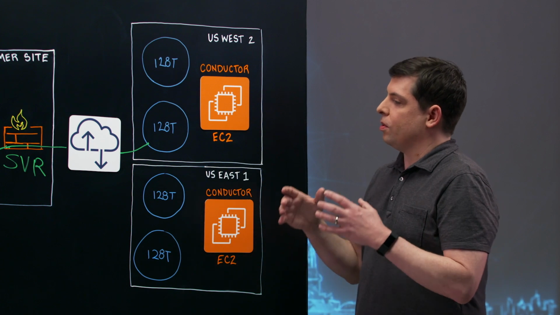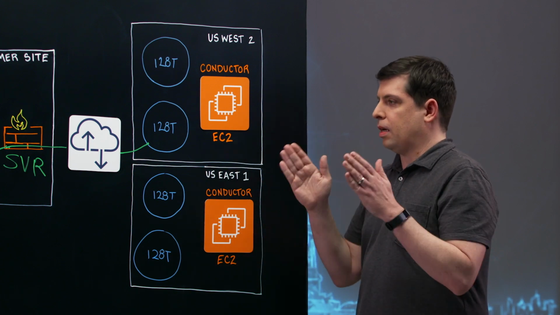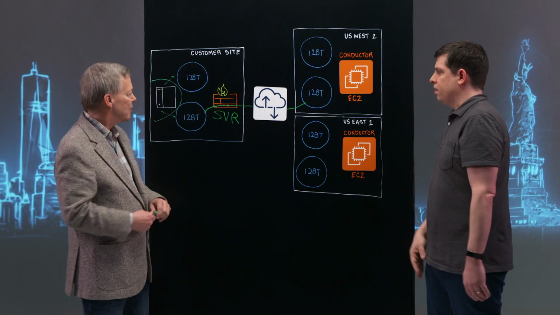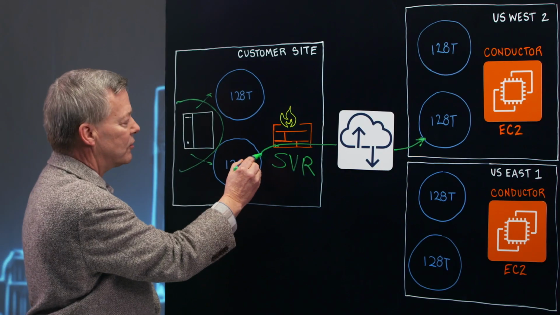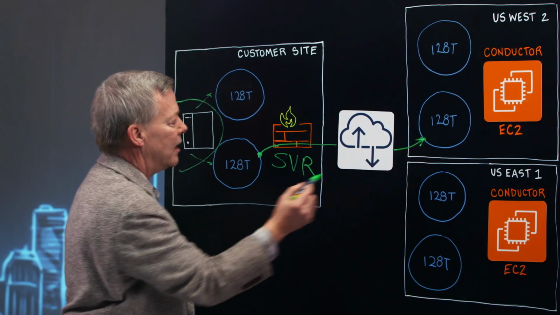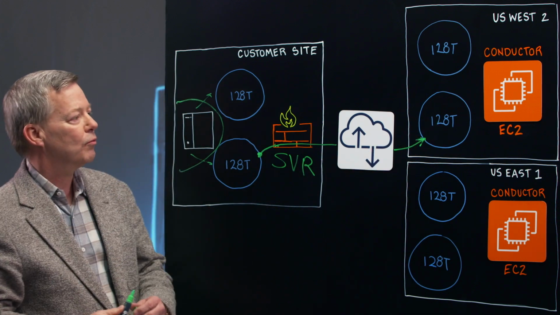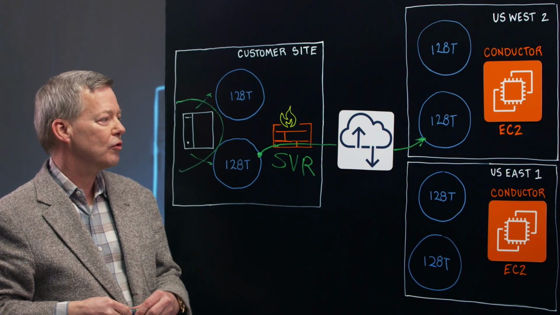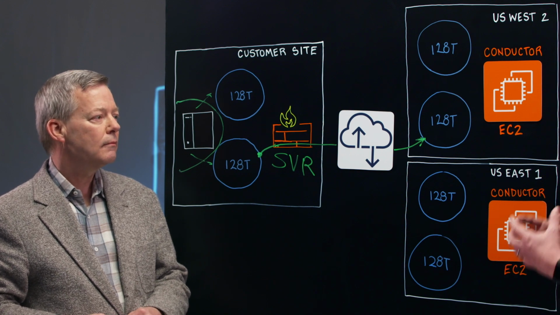So your technology allows you to communicate through the internet securely in an abstracted manner. Is that correct? Exactly. We abstract this data through this secure vector, which starts at this location and ends at that location. And the data goes through that secure vector all the way to the EC2 servers inside the AWS region.